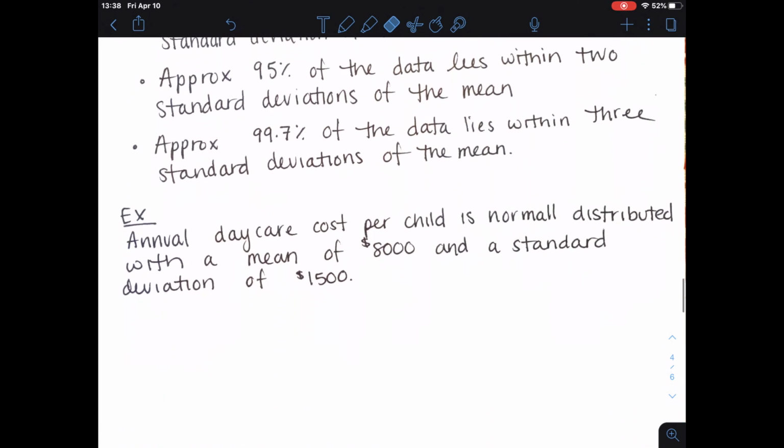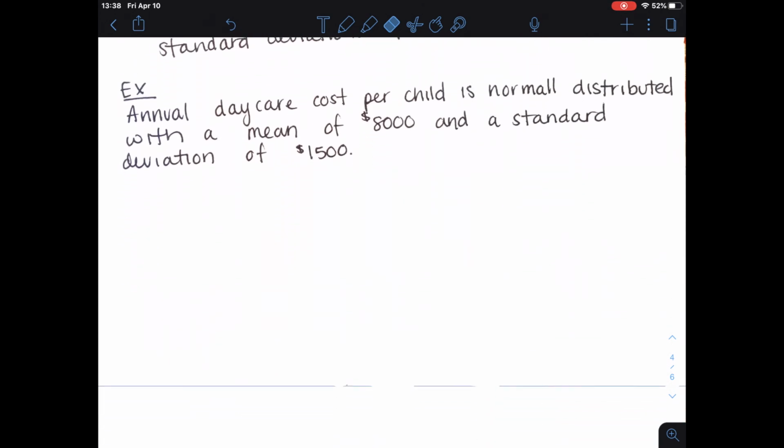So let's just look at a specific example. Annual daycare cost per child is normally distributed with a mean of $8,000 and a standard deviation of $1,500. So what that means is if we look at our child care, $8,000 is our average.